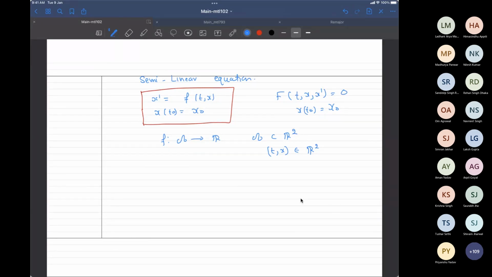You already have a theorem, at least one theorem was given to you, if not proved, in the first year, about under what condition the solution exists and is unique, and we will aim to prove that theorem here more rigorously. So can somebody recall what the existence uniqueness theorem for the first order ODE from the first year was?